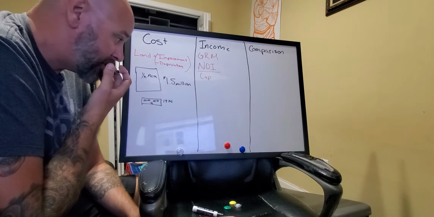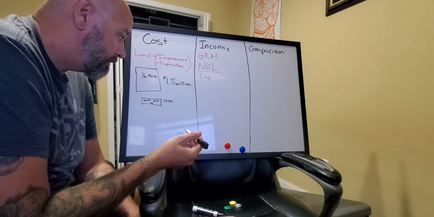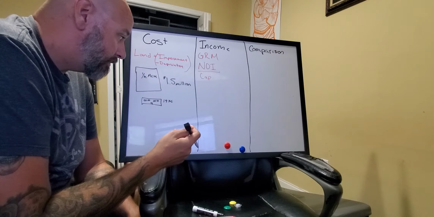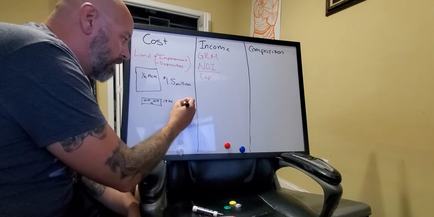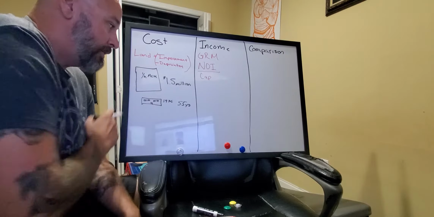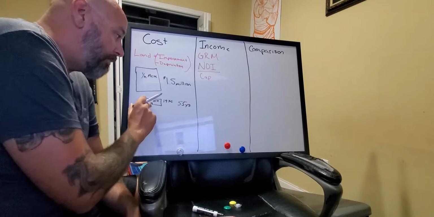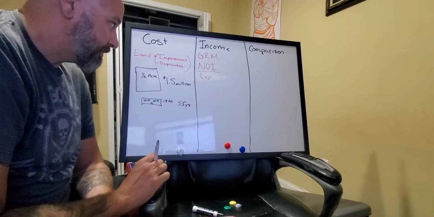Well, 76 was 55 years ago. So you would have to take the building cost, what it would cost to rebuild that, and then depreciate it for 55 years.